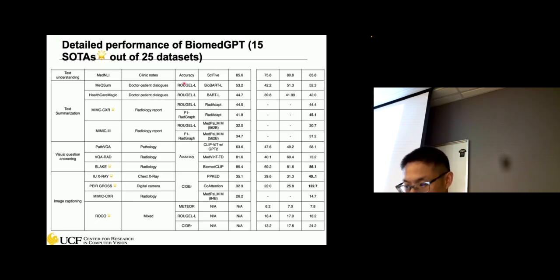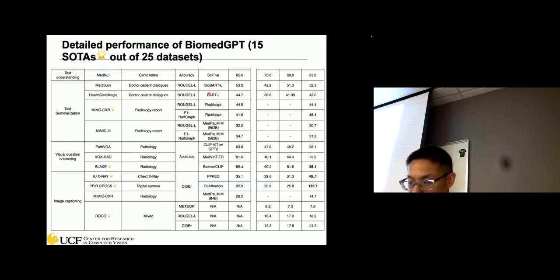I think one good benefit for this Biomed GPT is that it can help in cases where there are hospitals or facilities that are under-resourced, right? I know a lot of hospitals don't have enough physicians.